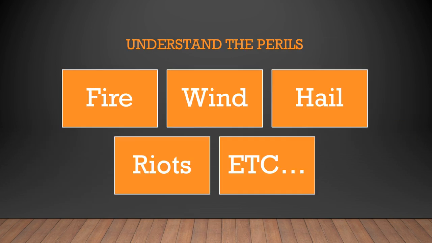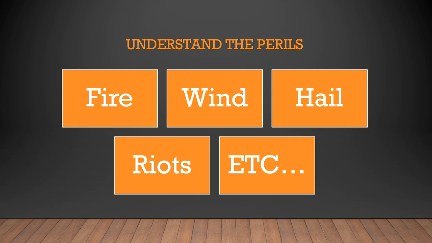The next thing you want to know and understand are the perils that are covered in the policy. So in your text, it should list the certain perils that are covered. I actually have a video on my website that talks a little bit more in detail about the perils and how you can memorize them a little bit better. So check that out.